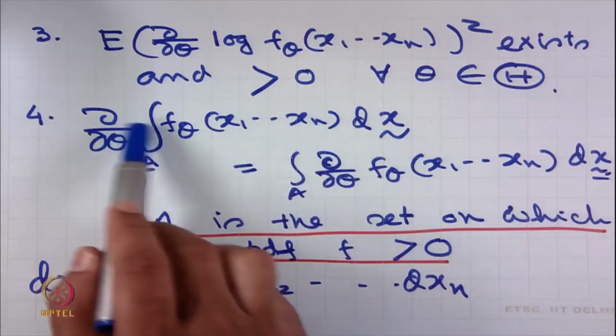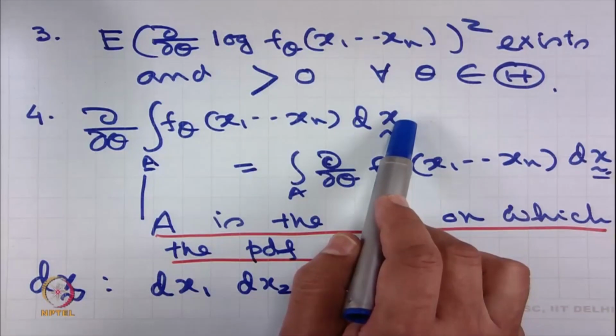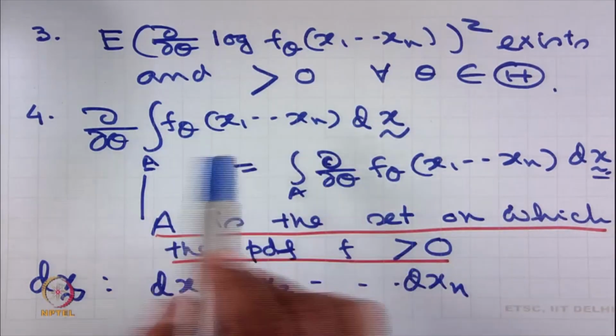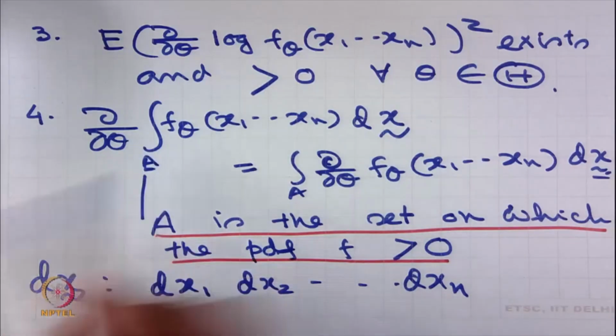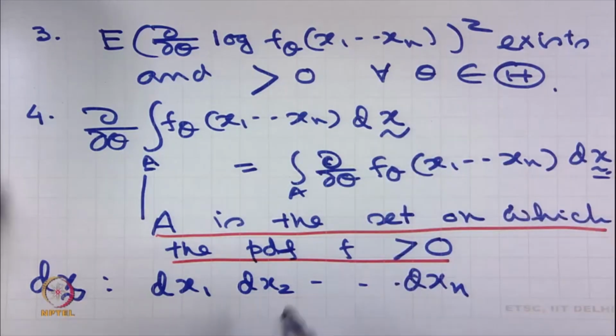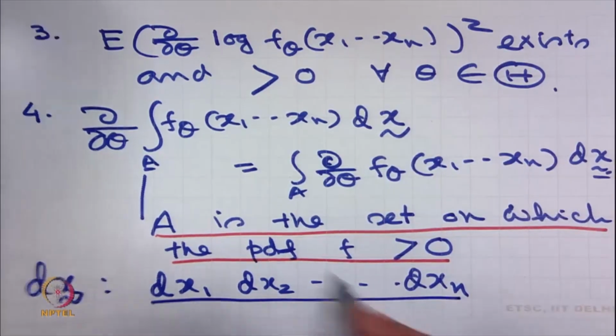So, it is basically a multivariable integration. To keep it notationally simpler, I am using that notation dx with a tilde, which actually means this quantity.